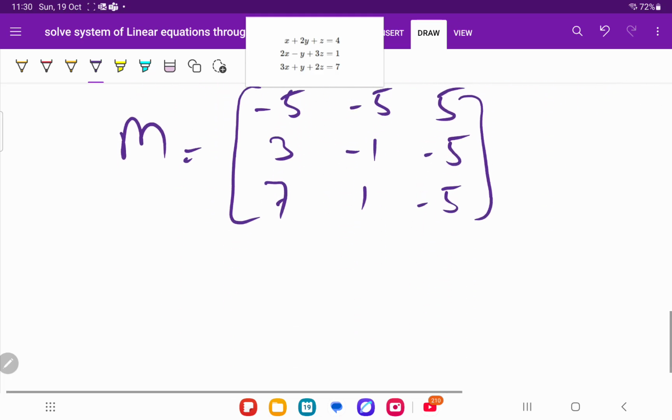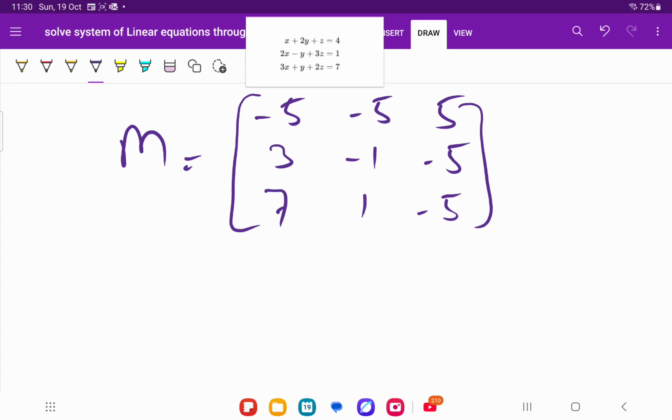Okay, so once the minor matrix is completed, now we will write a C matrix. Whatever values we have in M, we write in C, just changing the sign of the odd positions. So minus 5 existed at M11.